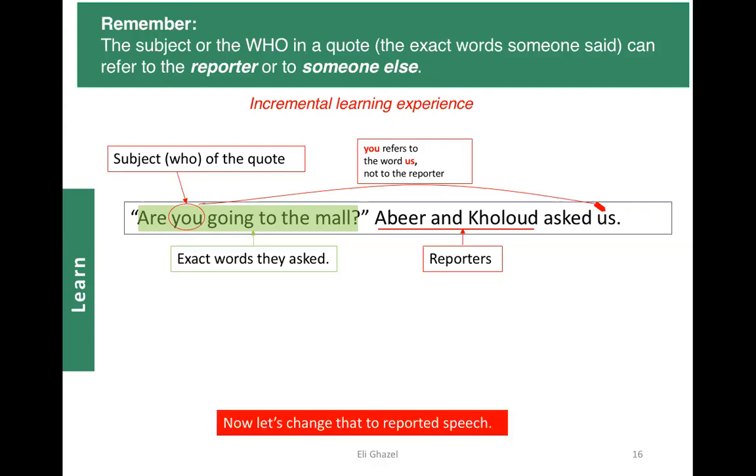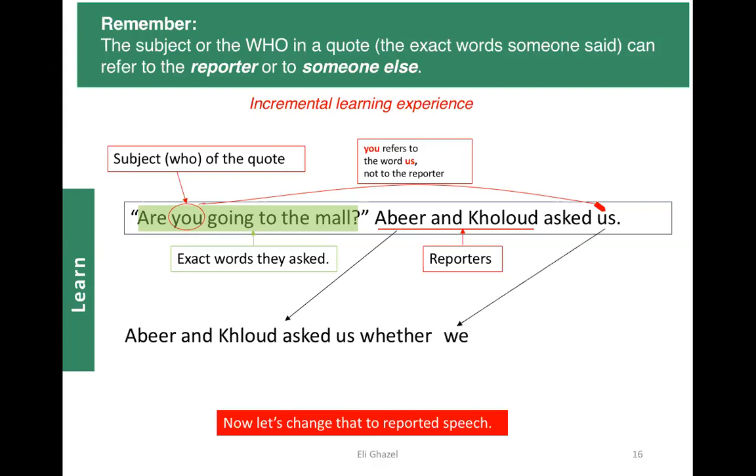Let's change that to reported speech. Abir and Khulud asked us whether or if. Now, since we are speaking and we asked us, so we are the people talking now, the us becomes we.